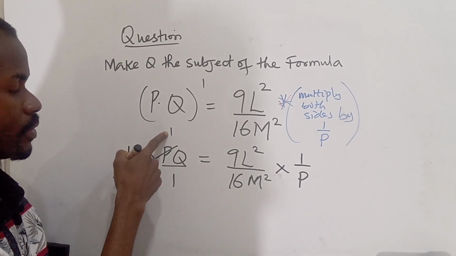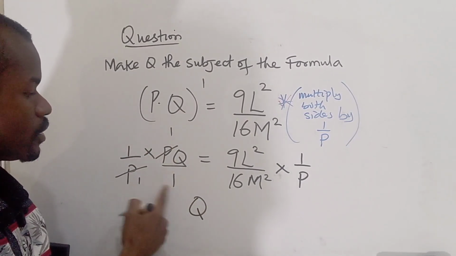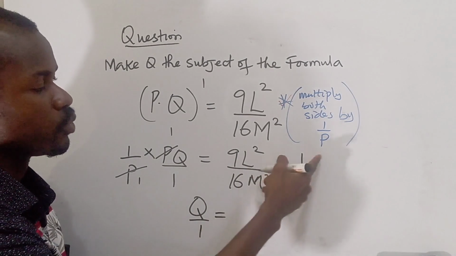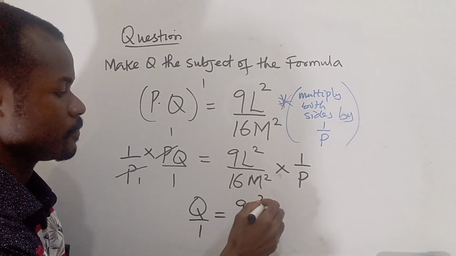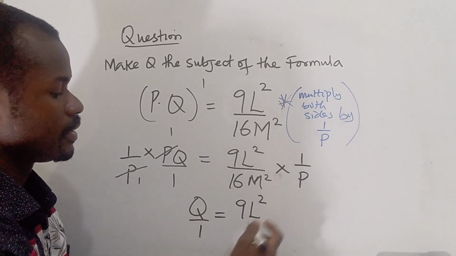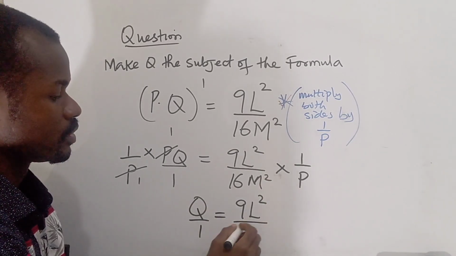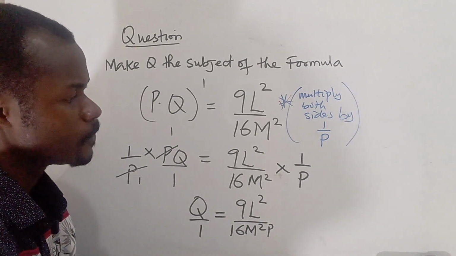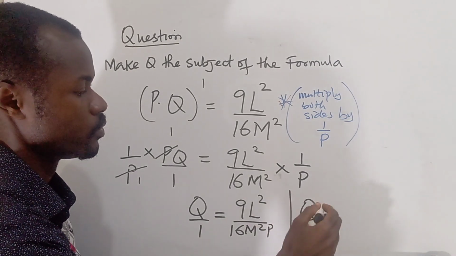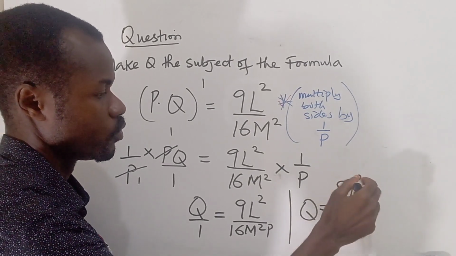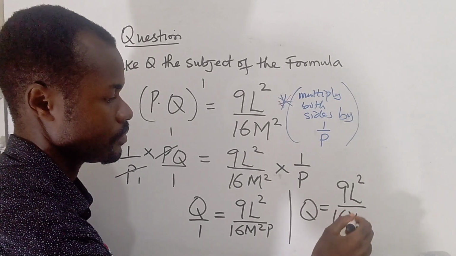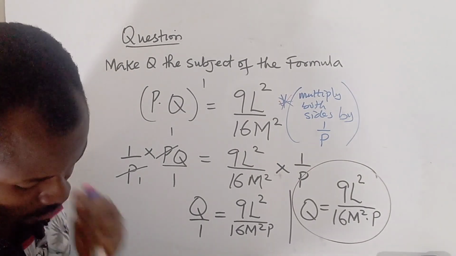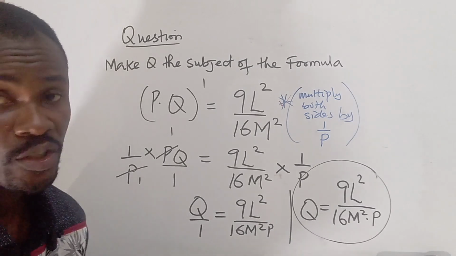So I have 1 times 1Q, which is Q. 1 times 1 is 1, so I have Q over 1 here. 9L squared times 1 is also 9L squared. 16M squared times P is going to give us 16M squared P. So the solution to this problem is that Q is equal to 9L squared divided by 16M squared multiplied by P. So this makes Q the subject of the formula to this problem.